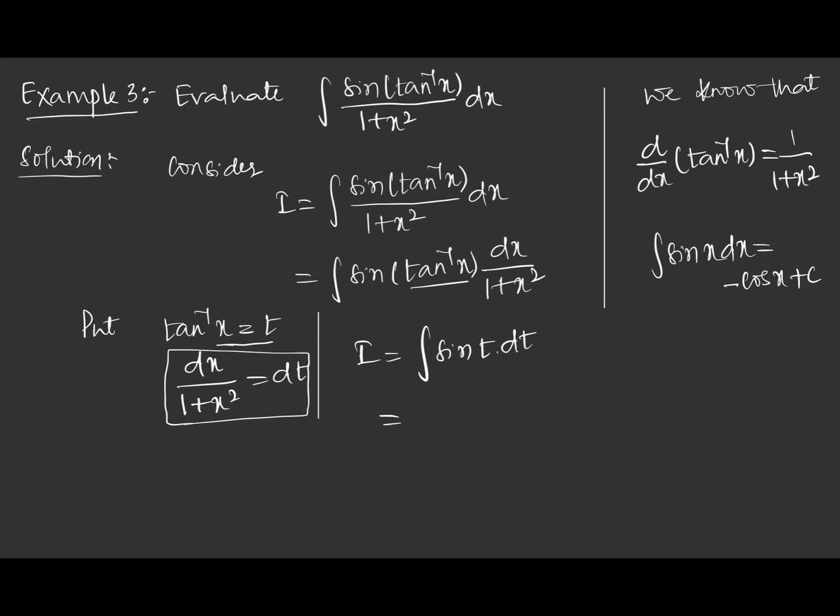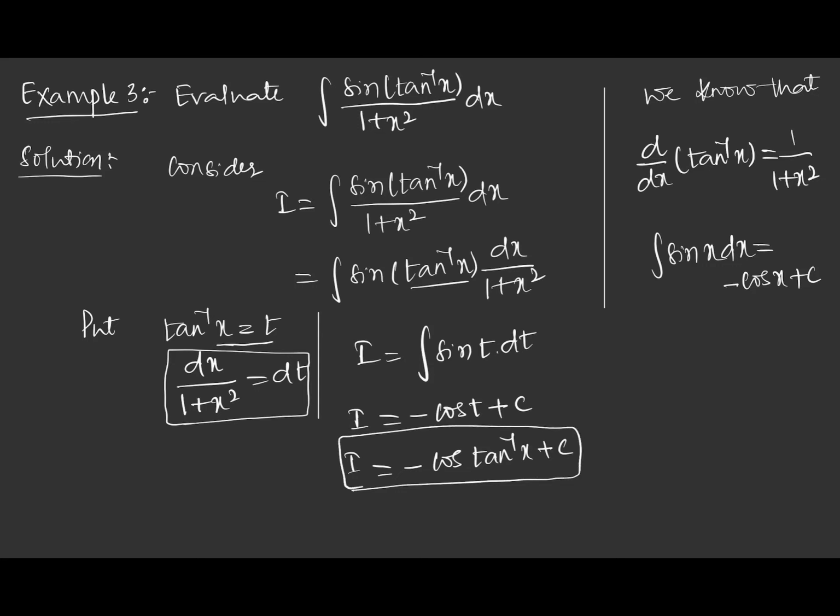So on integrating, it is there in terms of t, minus cos t plus c. Substituting back the value of t as tan inverse x, that is whatever we considered, we'll get minus cos of tan inverse x plus c. So this is the value of the given integral.